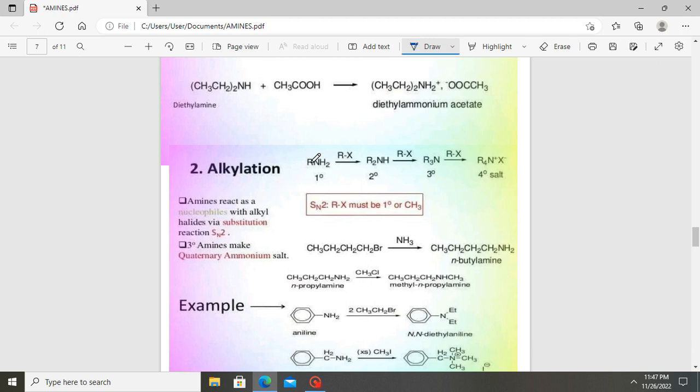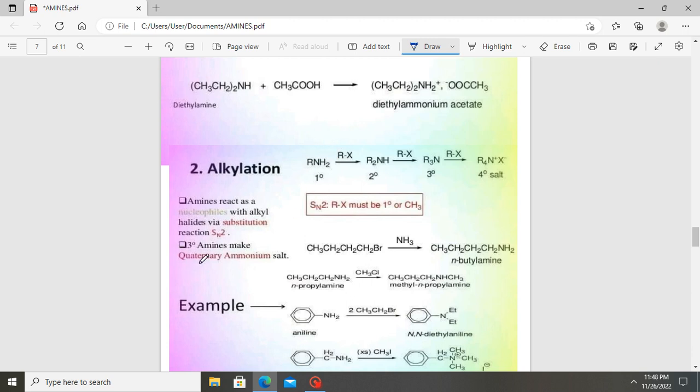This is a primary amine which can be alkylated to form a secondary amine, which can further undergo alkylation to form a tertiary amine, which can also undergo further alkylation to form a quaternary ammonium salt. So amines react as nucleophiles with alkyl halides via substitution reaction. Here, one of the hydrogens is replaced by the alkyl portion of the alkyl halide. This reaction is called a substitution reaction.